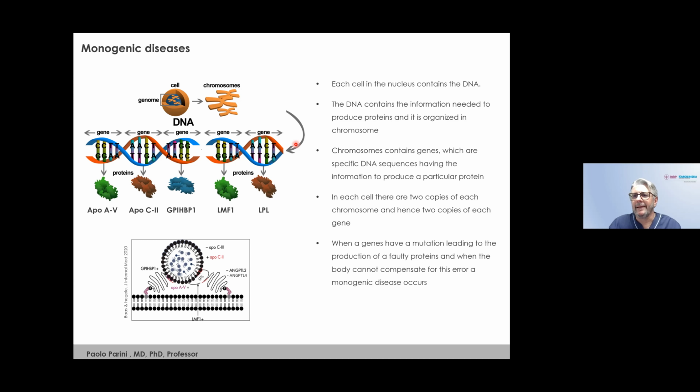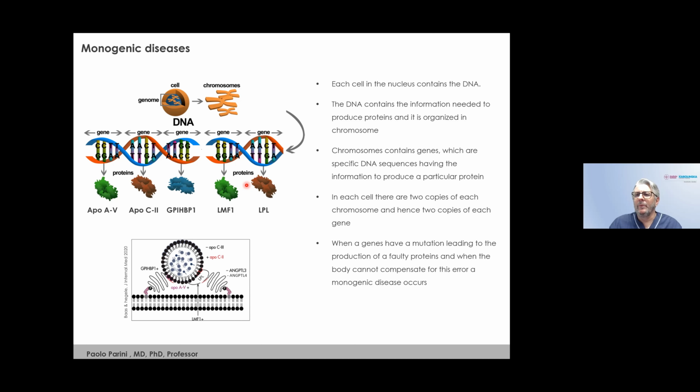And in our body, there are 2 copies of each chromosome. One originates from our biological father, and one from our mother. So we have, as I say, 2 copies for each chromosome. It means that we have 2 copies for each gene.